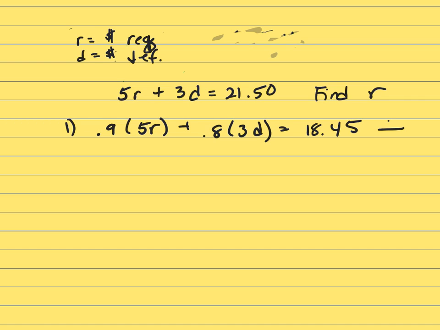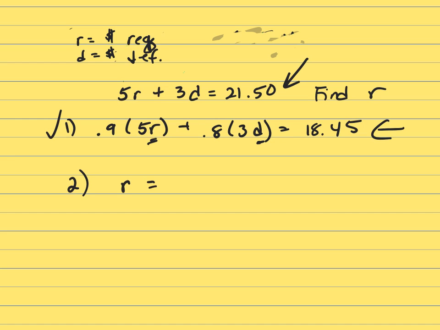So I've got an equation here with an R and a D, and I've got an equation here with an R and a D. I could put those two together and I could solve for R. So clue 1 works.